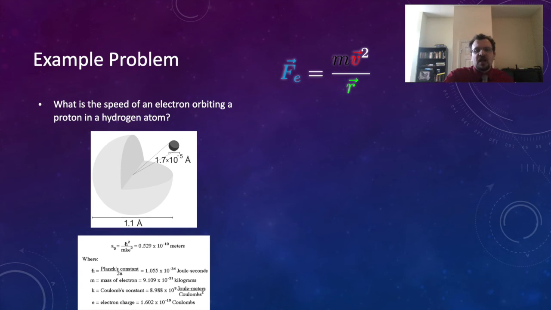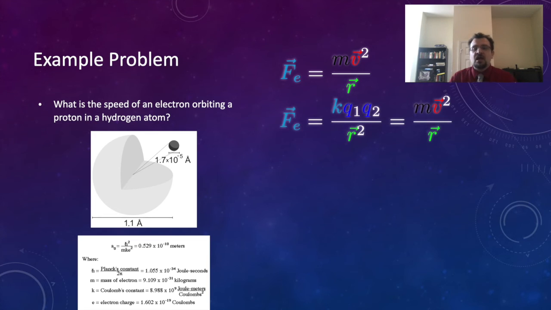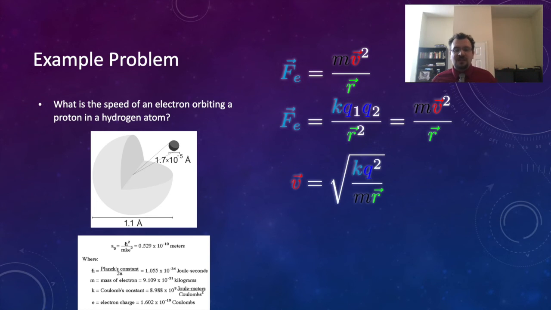All right, so now the electric force, we know how to calculate that. That's going to be using Coulomb's law. So the electric force is equal to k q1 q2 over r squared, and that's going to equal mv squared over r. And we can now solve for v. So the velocity of the object is going to equal the square root of k q squared.